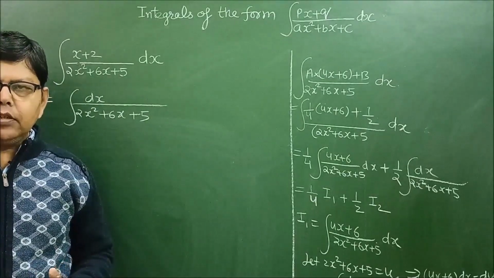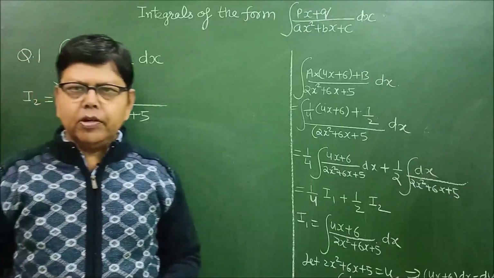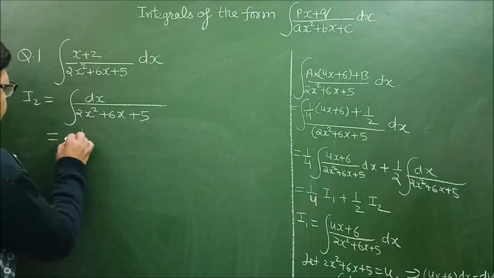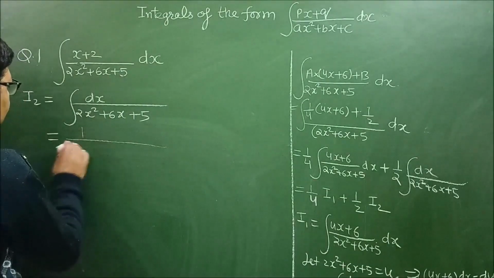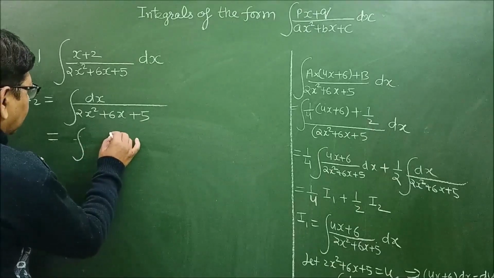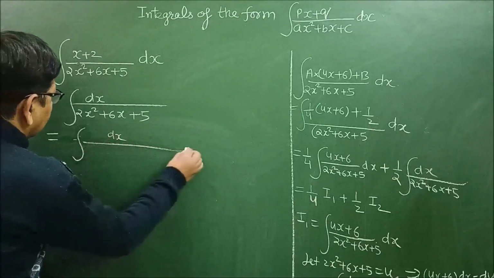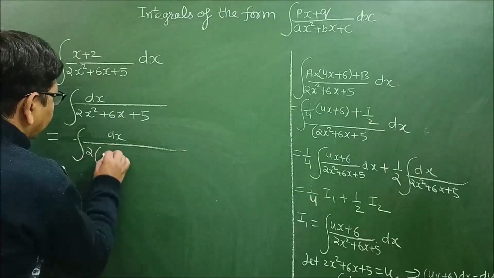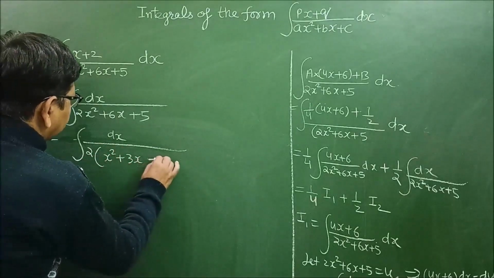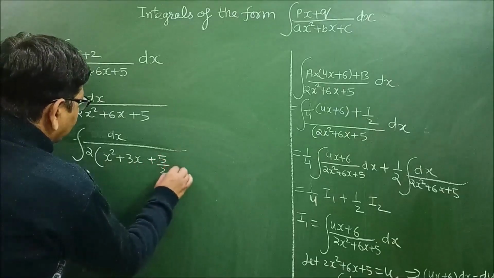So now to make the coefficient of x² one, first take 2 common. If we take 2 common in the denominator, then integral of dx upon 2 is common, (x² + 3x + 5 upon 2).